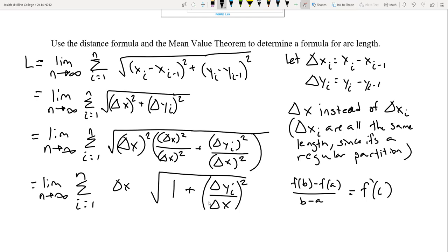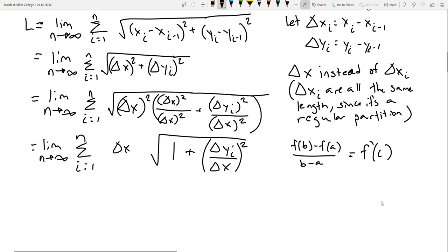So we have our f of b minus f of a here, and we have a b minus a. So we know that there's got to be a point sort of in that region where we are equal to some derivative value. Right, and so what will happen is, as n goes to infinity and these guys shrink down, we'll end up just with that single derivative value kind of left.